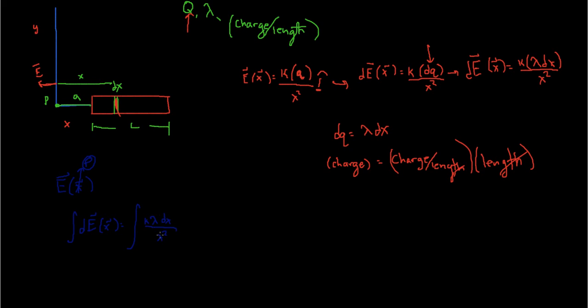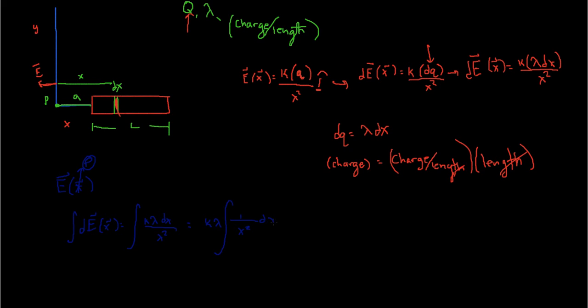Now k and lambda are constants, because this is just 9 times 10 to the 9th, and this is our constant uniform linear charge density, so it's the same throughout the entire rod. So we can pull those out of the integral. So this is now equal to k times lambda times 1 over x squared dx, which is the same thing as dx over x squared.